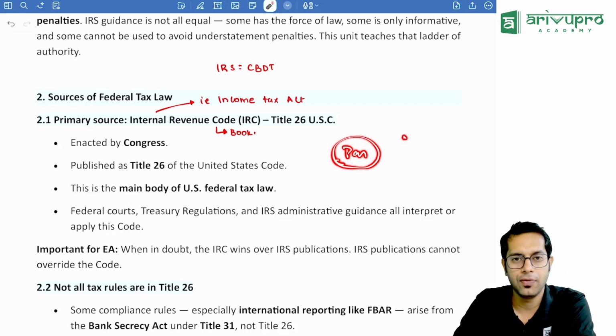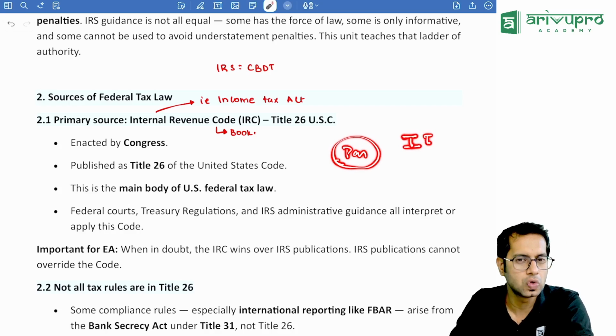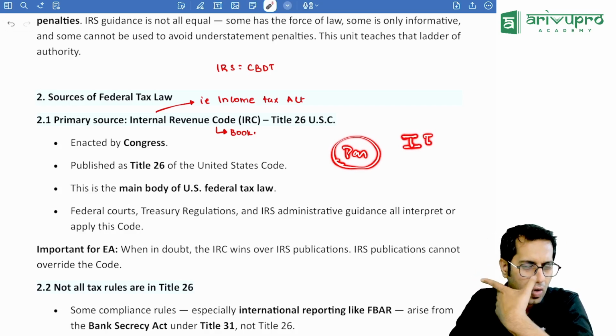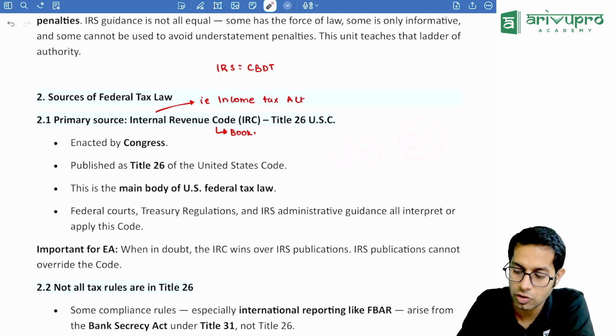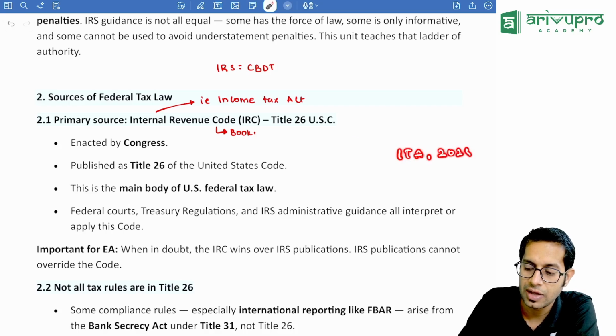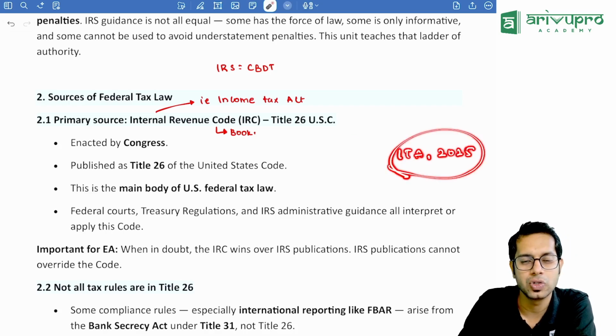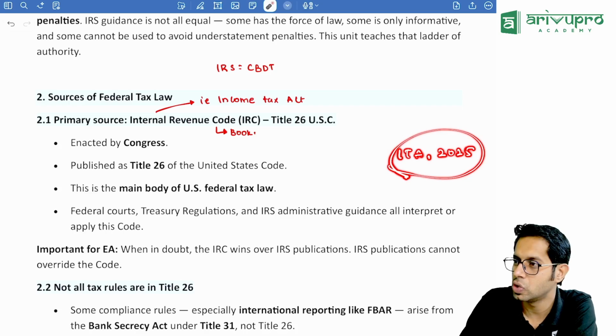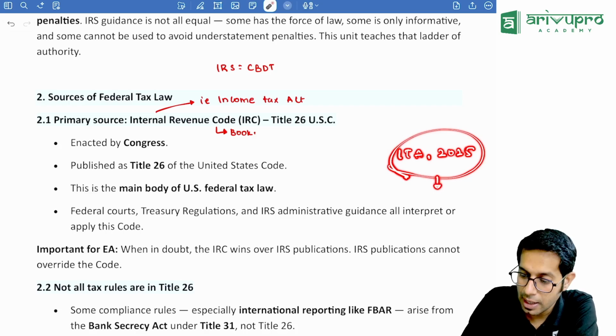Now, if you are aware of the news, you would have seen that in the month of July 2025 or August 2025, they made an announcement that a new income tax act is going to come in India. Income Tax Act 2025. Who made this law? How was this made? There was a discussion.